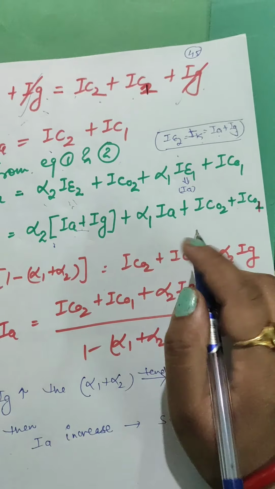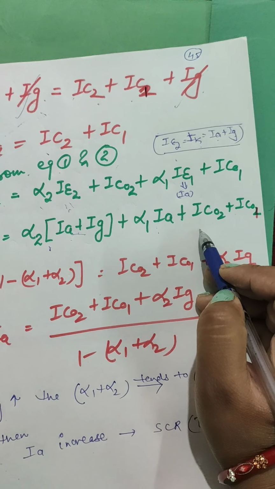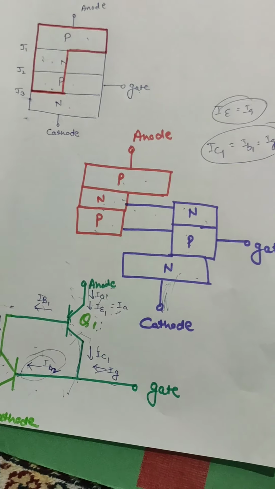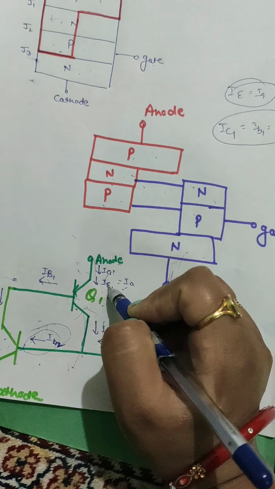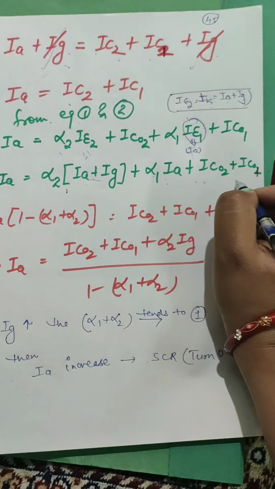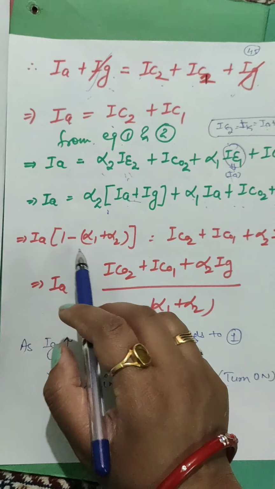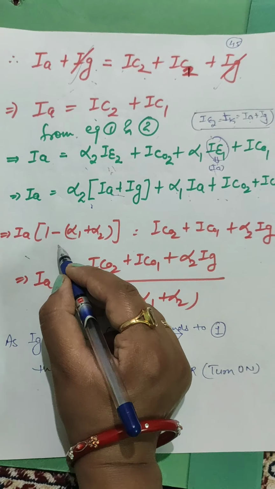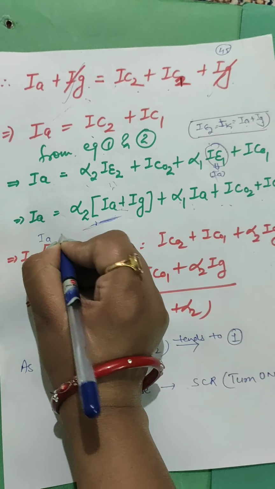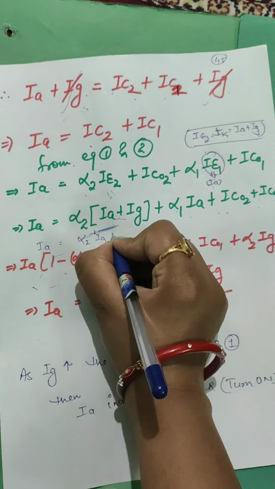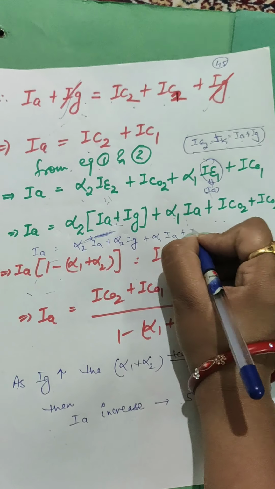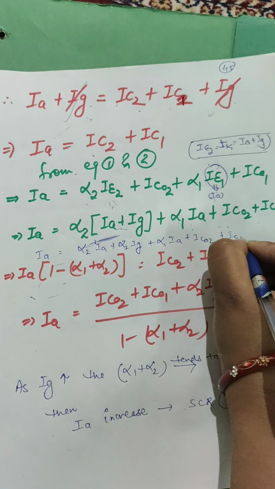So IA plus IG, plus alpha 1 times IE1, where IE1 is equal to IA, plus ICO2 and ICO1. By solving this, IA equals alpha 2 IA plus alpha 2 IG plus alpha 1 IA plus ICO2 plus ICO1.